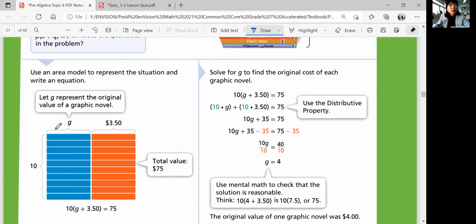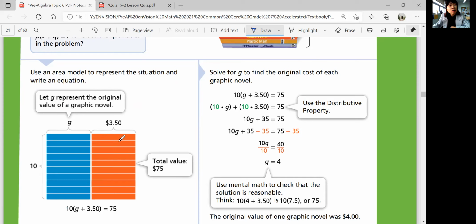You can use an area model to represent the situation to write an equation. So if you say G is the unknown variable that represents the original value of the graphic novel, because we don't know that, right? So G is the original value. Right now, it increased $3.5 per novel, and you have 10 graphic novels.